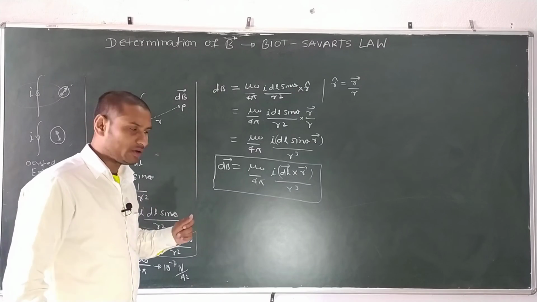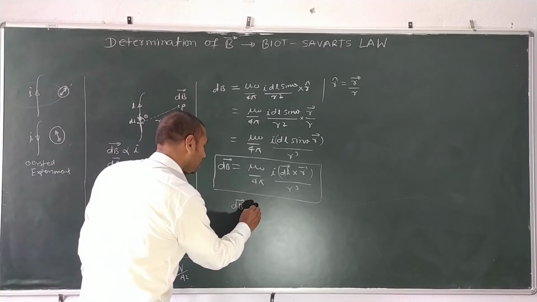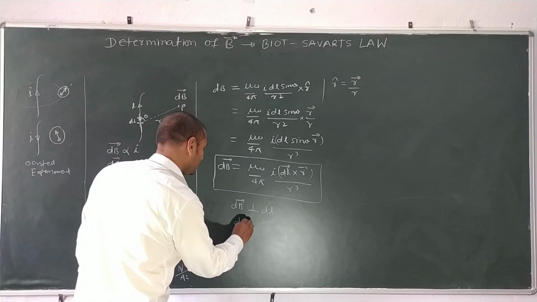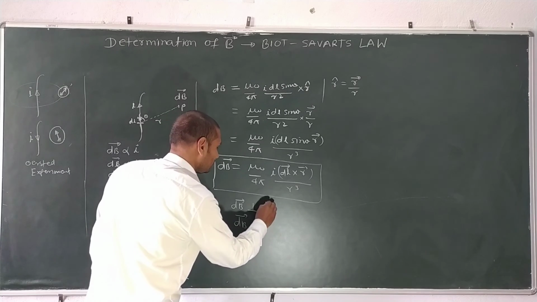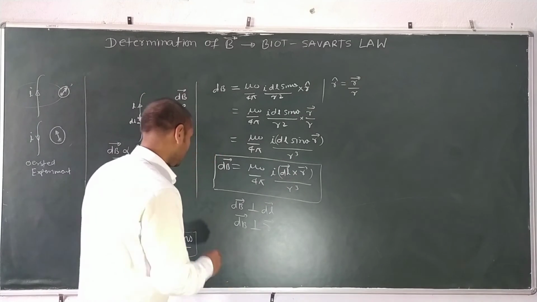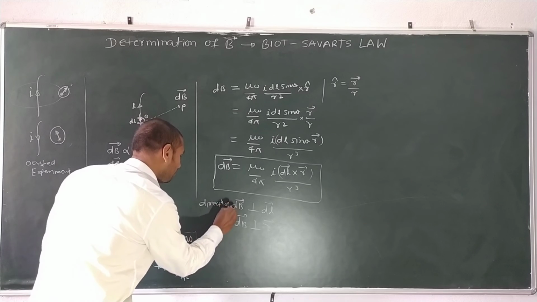The direction of dB is perpendicular to dl as well as perpendicular to the r vector, because we know that the direction of a cross product is always perpendicular. This gives the direction of dB.